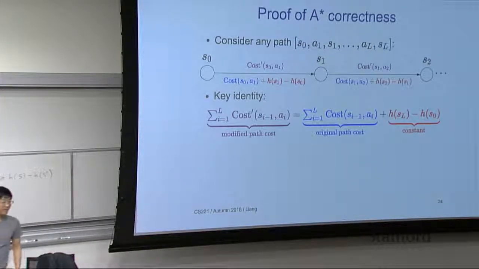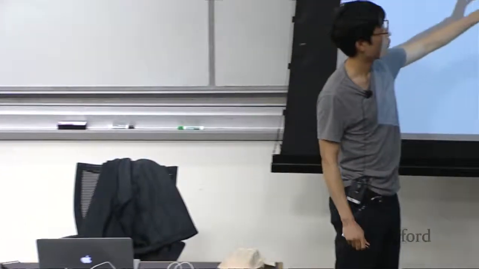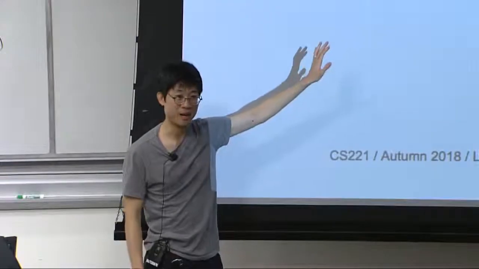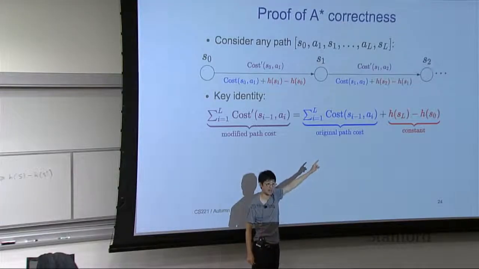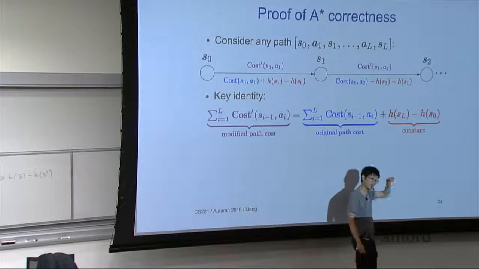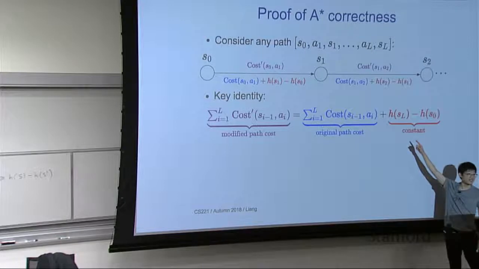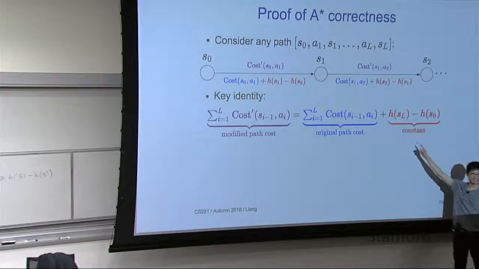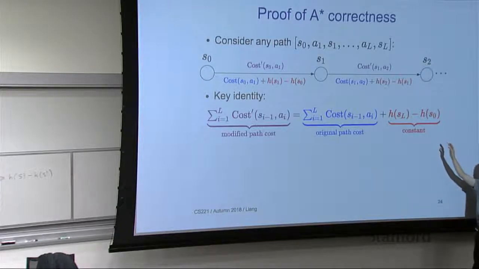So what this tells us is that when we're running uniform cost search with the modified costs, the cost of a path is just the original cost plus these terms. But the thing about these terms is that h of s sub l is the heuristic at the final state. So that's 0. And now h of s sub 0 is the heuristic at the starting state. And all the paths have the same starting state. So this is just a constant.